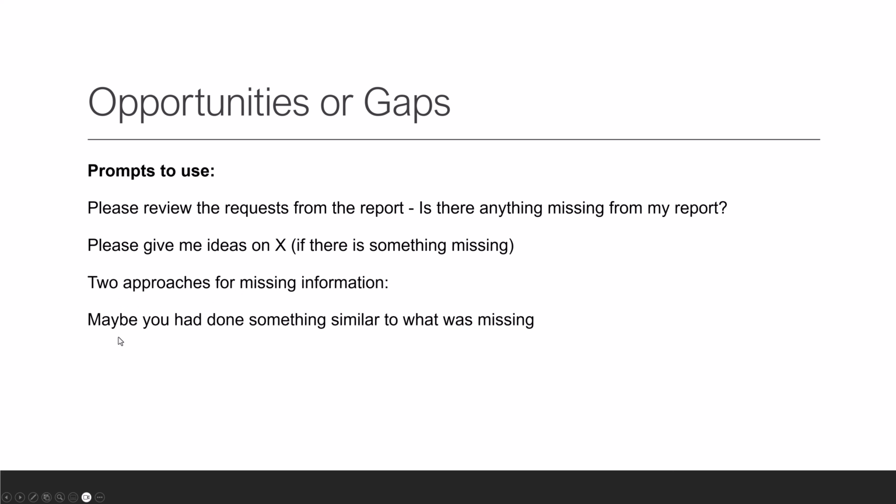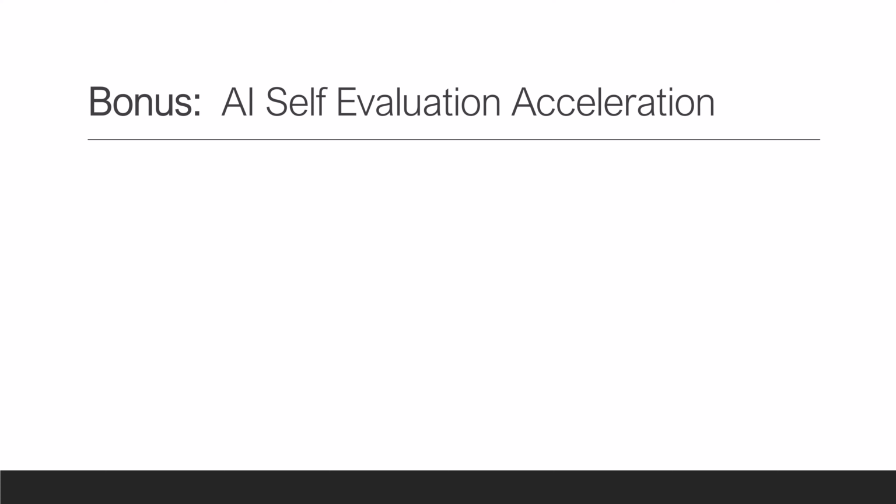One is you could maybe find something that you've done similar to what was missing, and then address it by filling it into the report. The other is maybe you can add it to your plan of work for the next year. So this is a really great way to work with AI to give yourself feedback ahead of time and also work with it like it's an assistant, because it'll accelerate and improve the quality of the work.